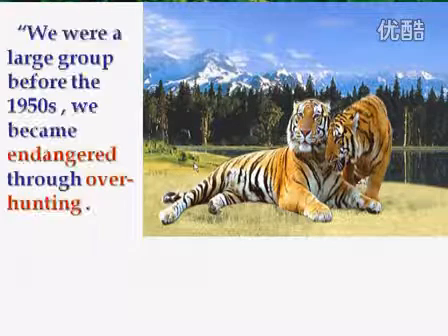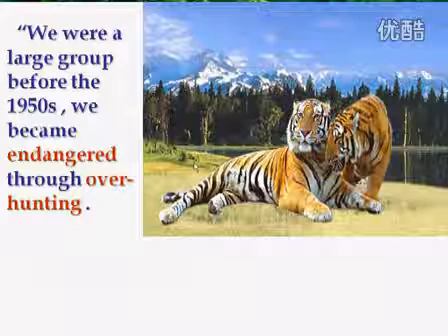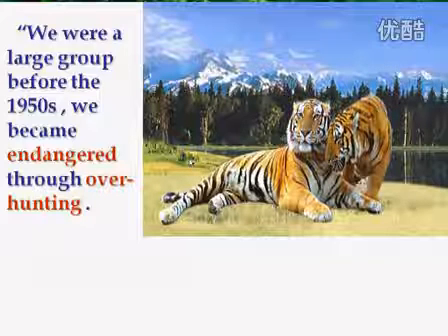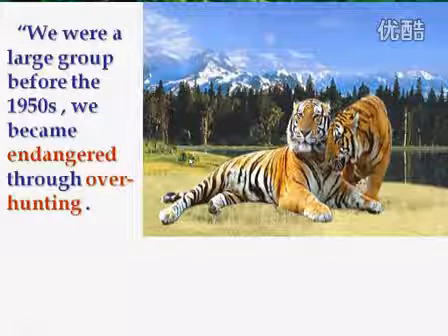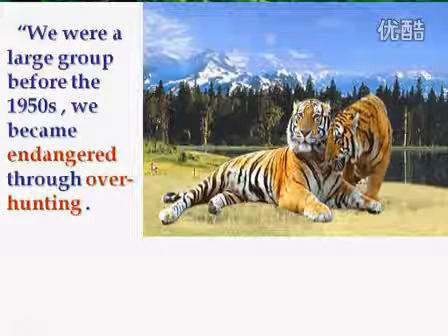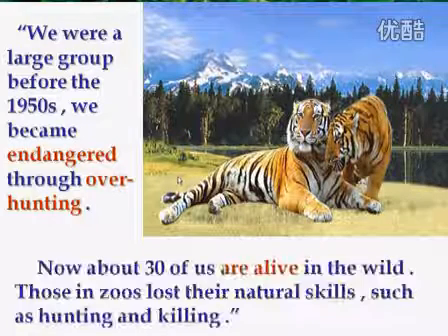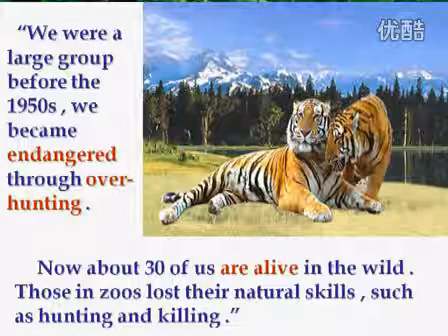Well, one more picture. The tigers said, we were a large group. Before the 1950s, we became endangered through overhunting. Yeah. So the tiger told you that they are facing a serious situation because of human activity, because they are being overhunted by human beings, right? And what's more, now about 30 of us are alive in the wild.